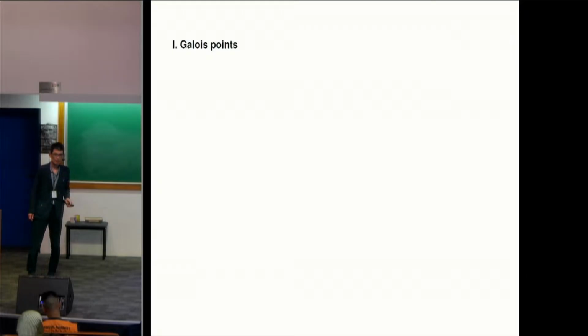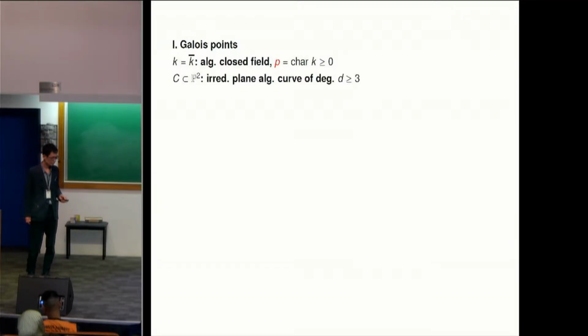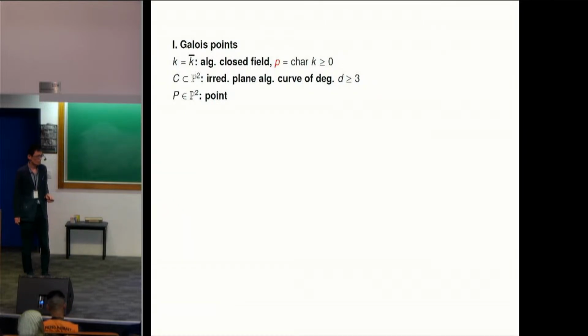I will explain the theory of Galois points. Let K be an algebraically closed field of characteristic p, which is 0 or positive. Let C be an irreducible plane algebraic curve of degree d, at least 3. We take a point P in the projective plane.